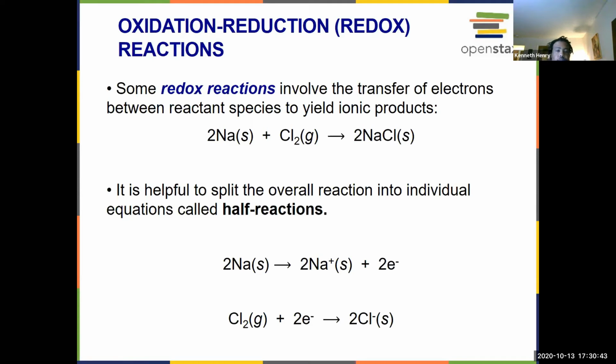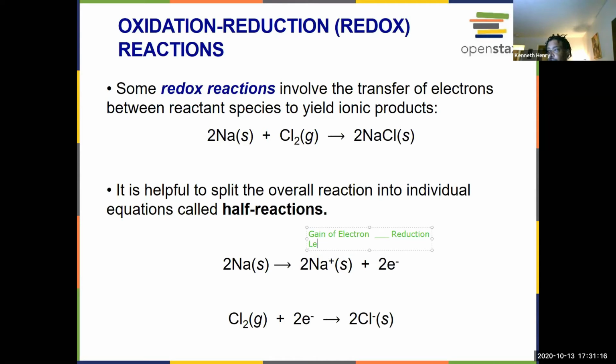So let me give you my little secret. If you're gaining an electron, then you're going to be reducing, or reduction.